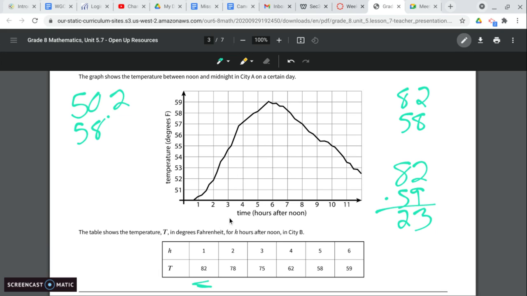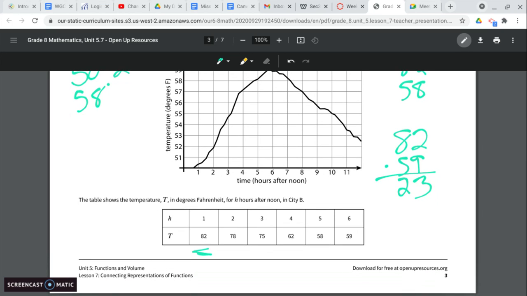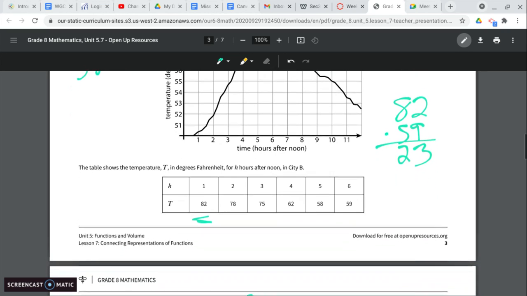So city B at 3 p.m. was 75 degrees. So city B is definitely hotter than city A at that time. And it's about by 20 degrees because this is almost 55. This is 75. So it's 20.5. So just a little over 20 degree difference.